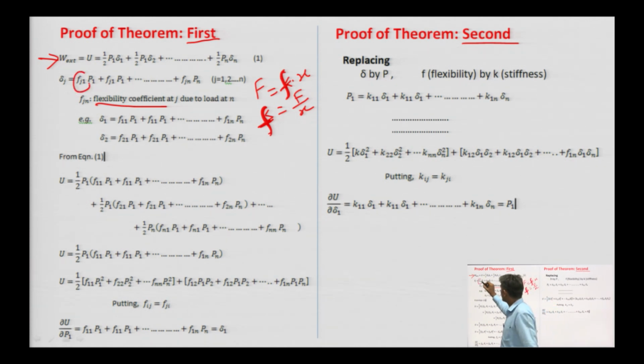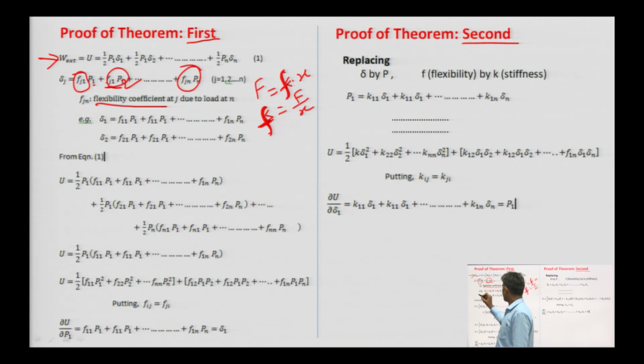So f j 1 is the flexibility coefficient for P 1. Multiplying these two, we get the corresponding deformation due to load P 1. Similarly, this one will be the corresponding displacement due to load P 2, not P 1, and the corresponding displacement due to load P n.